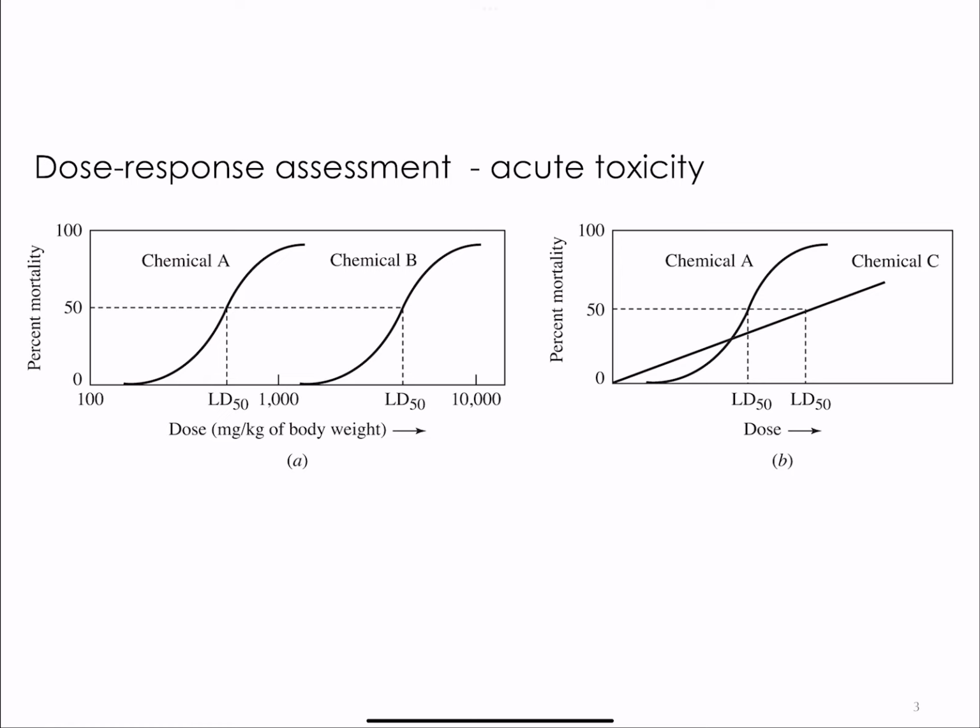And if we have two chemicals with dose response data as shown in the graph on the right side, it'll be a little tricky to determine which chemical is more toxic, because at lower dose, chemical C poses a higher toxicity, and chemical A is more toxic in the higher range.